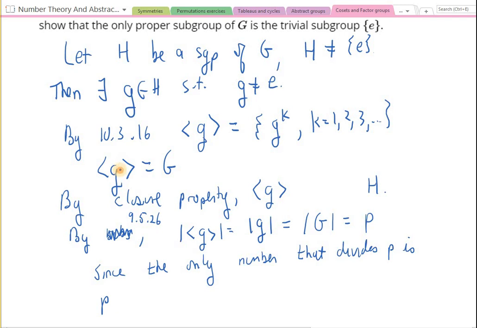What this is saying is that since you're saying little g is in big H, by closure, g squared must also be in H, and g cubed, and so on. So it's not true that the orbit of G contains H, but the orbit of G is contained in H.